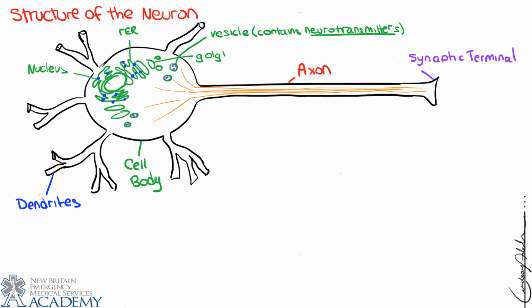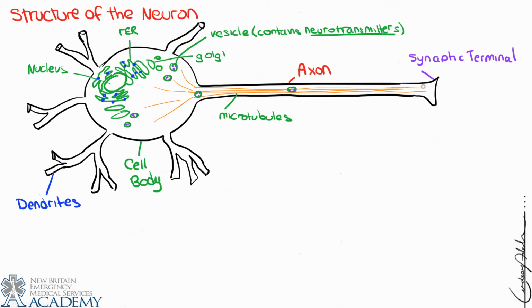Now along the axon, we notice that there are lots of microtubules. Not to say there aren't microtubules in the cell body as well, but I just want to draw some attention to the microtubules in the axon, because these vesicles that contain the neurotransmitters, once they're nicely packaged, travel down the axon using specific transport proteins. The proteins are kind of funny.